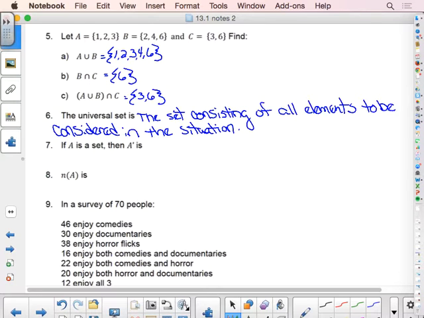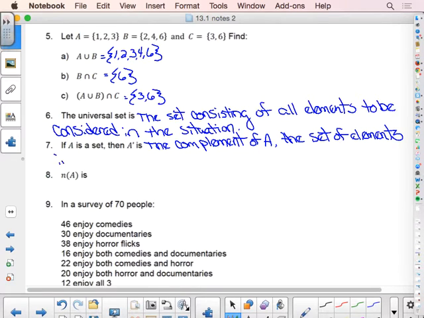Seven, if A is a set, then A with the little apostrophe is the complement of A. And that is the set of elements in the universe that are not in A. So this is the set of elements in the universe that are not in A, or in the universal set.